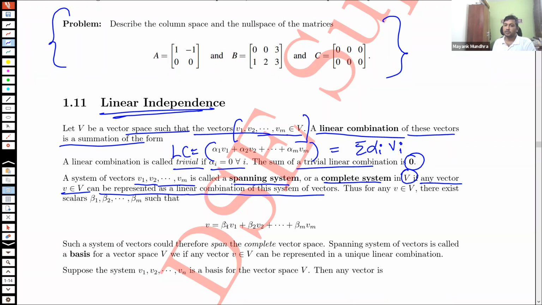If the linear combinations can be used to span the entire space, that is, the entire R^n can be recreated, then that becomes a spanning system.